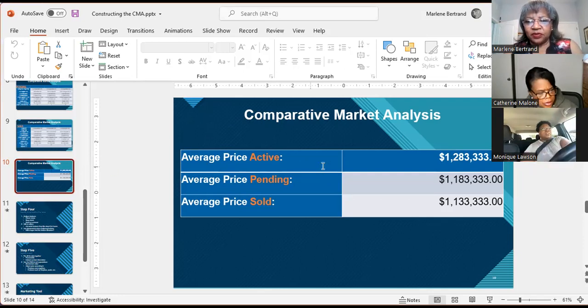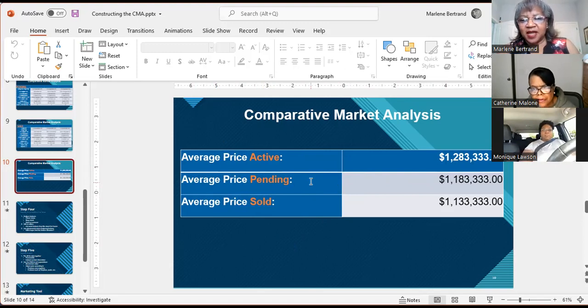So the thing that you're going to report to your client now is the average price for actives. And you can see that number. It's going to show you the average price for pending. And what it does is it just adds up all the active prices. And say if you have 3, then it's going to divide it by 3 and give you this average.